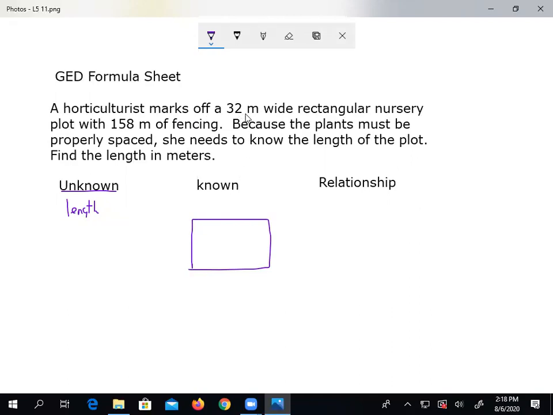It says it's 32 meters wide, so this side is going to be 32. We also know that there are 158 meters of fencing that's going to go around the plot. So that's also known.